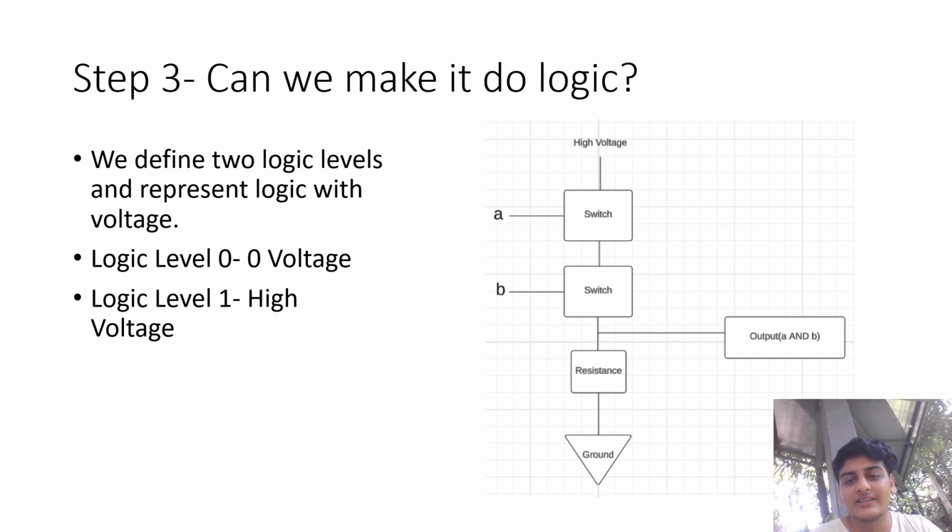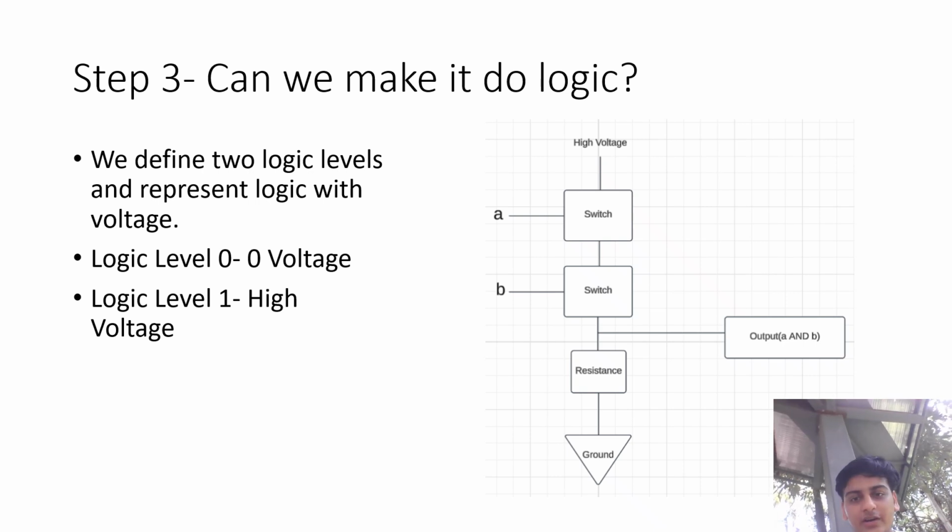So if either or both of these are zero, the output point is connected to the ground, and so you have an output of zero. That means if any of your inputs A and B are low voltage or zero, you get an output of zero. And this entirely maps the behavior of an AND gate.